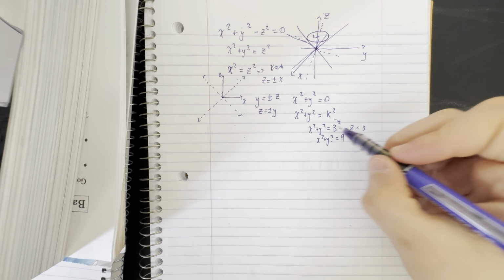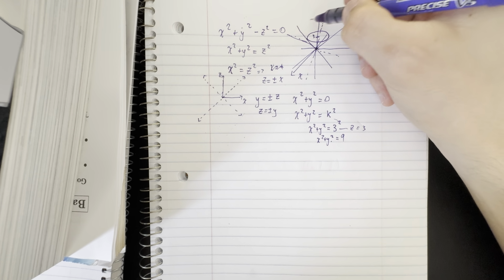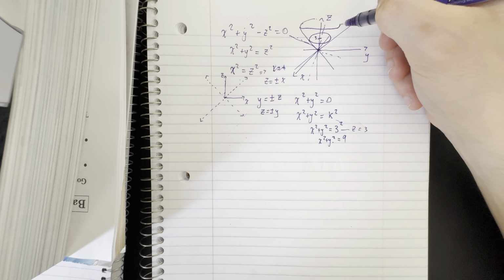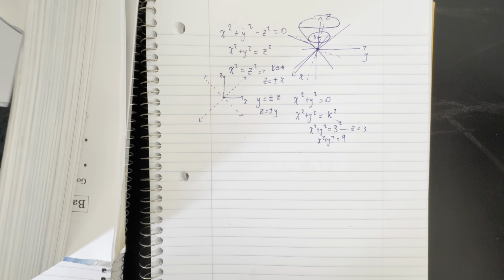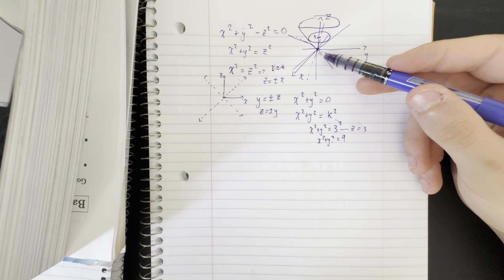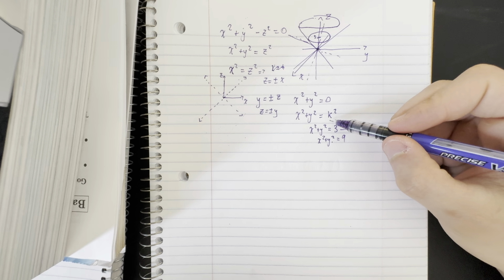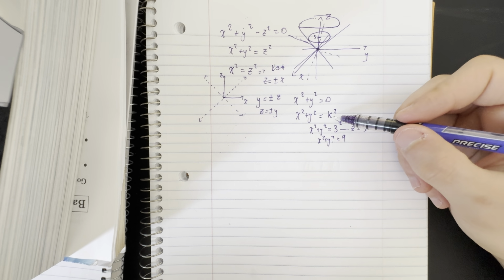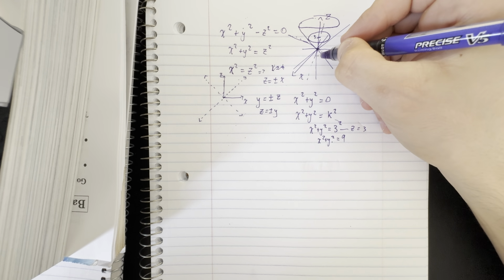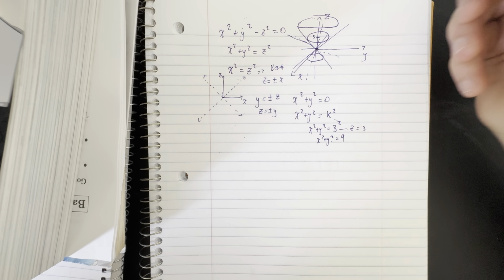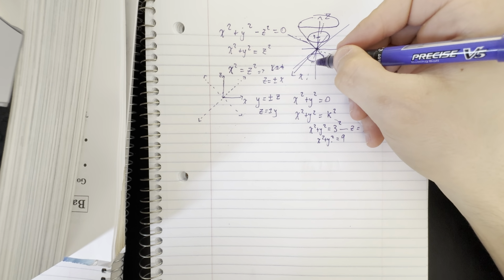And as this k value grows, you're going to get bigger and bigger circles, okay? And same goes for negative z values, because if you square negative z values, you're going to get a positive value here. So at -3, we would also have a circle of radius 3.